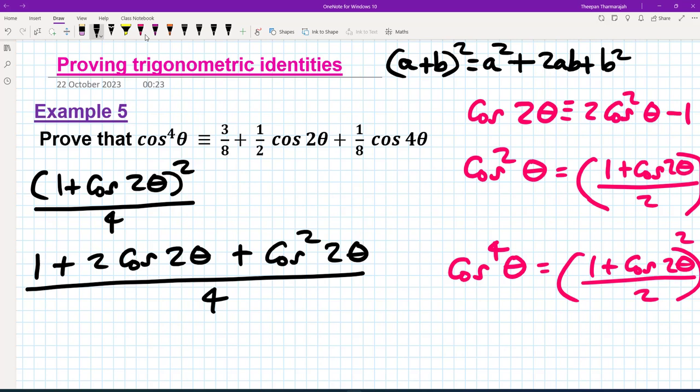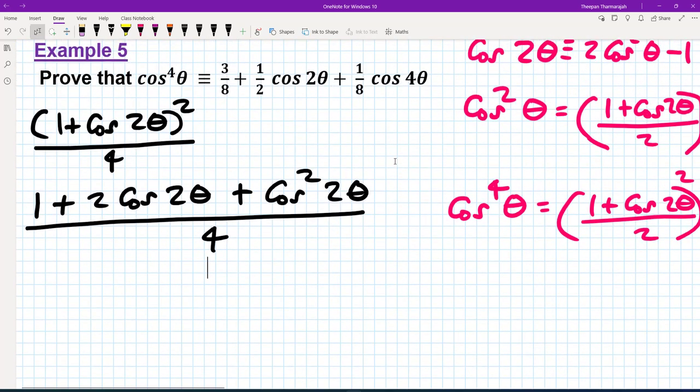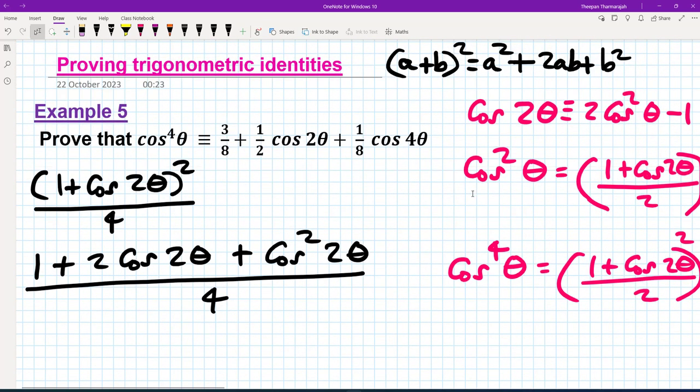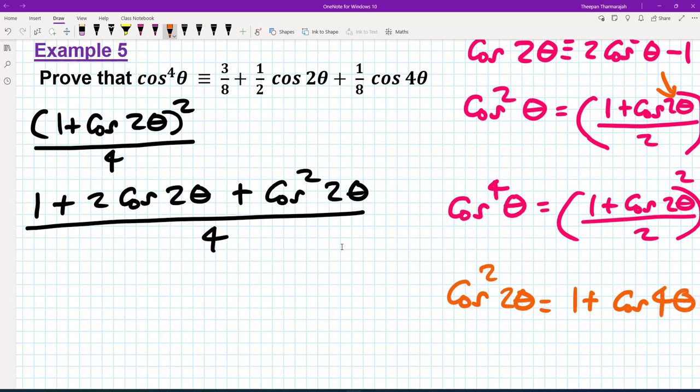So notice everything's in terms of cos 2 theta and cos squared 2 theta. Well, what we can say is I can manipulate this cos squared 2 theta because I know what cos squared theta is. So that means I can say that cos squared 2 theta means I need to double this angle, which would give me 1 plus cos, as in we're doubling this angle, cos 4 theta over 2.